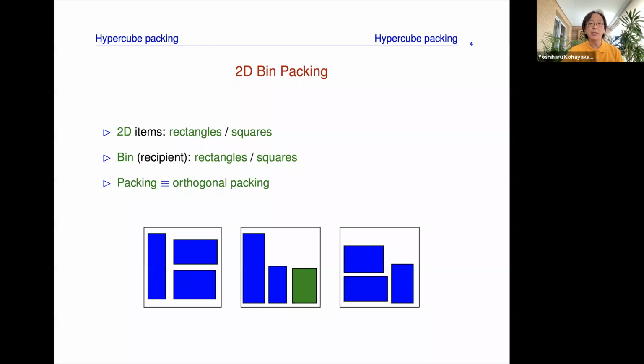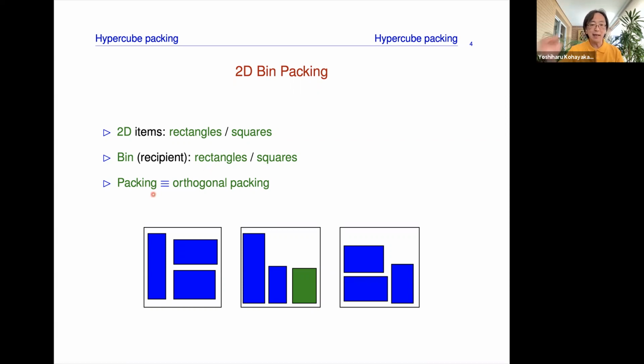Now, I'll be talking about a higher dimensional version. So here's the 2D version. Now the items are no longer reals. They are rectangles or squares. Actually, I'll talk about squares, but they could be rectangles. And the bins can also be rectangles and squares. Again, I will restrict myself to hypercubes, or squares in 2 dimensions.